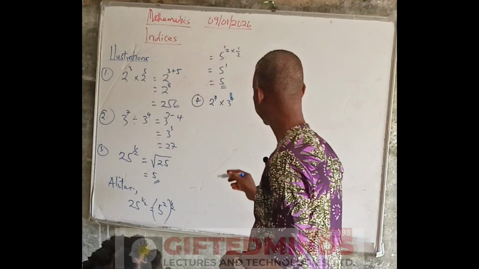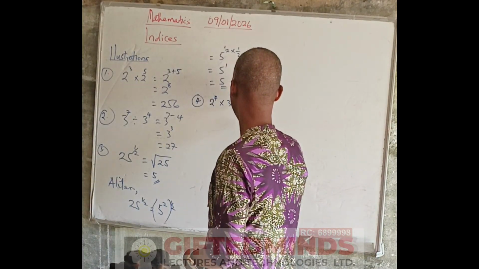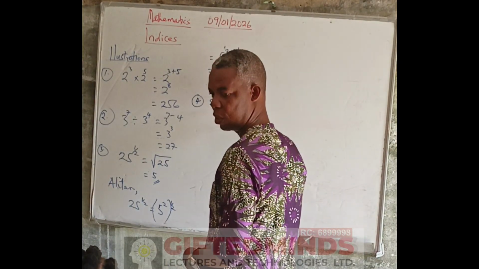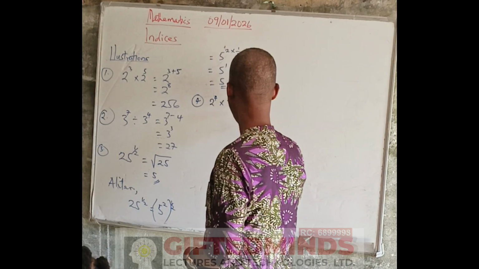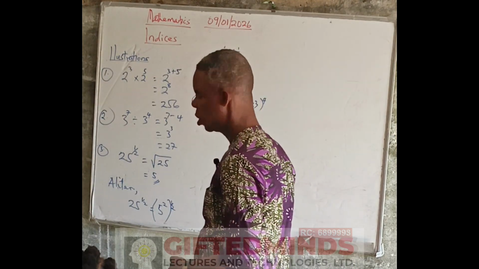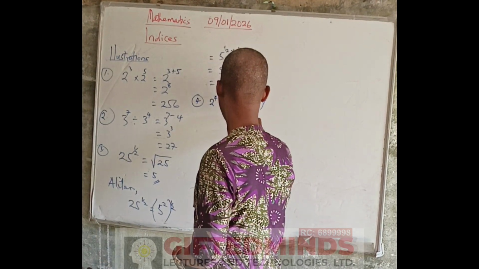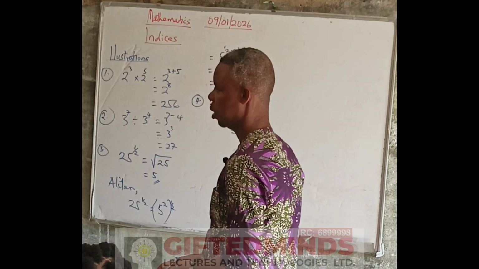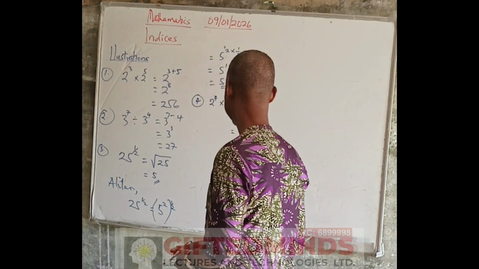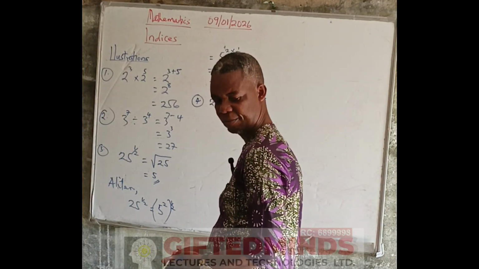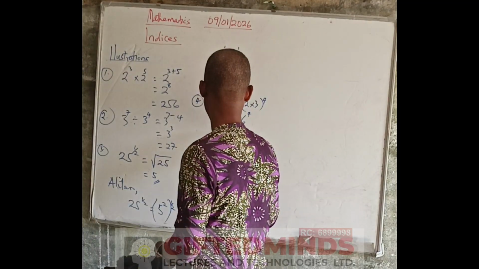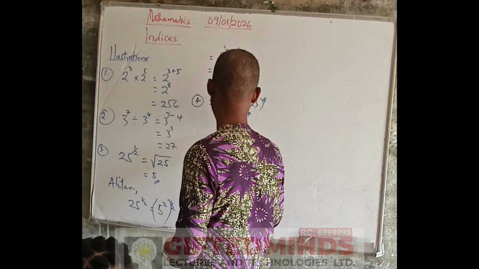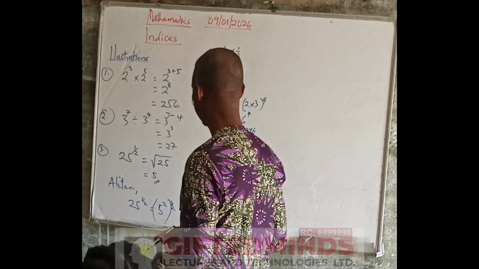How do you write that one? 2 times 3 raised to power 4. That will give us 6 raised to power 4. 6 raised to power 4 is what? 36 times 36. What do you have? 1,296. Okay. You see now.